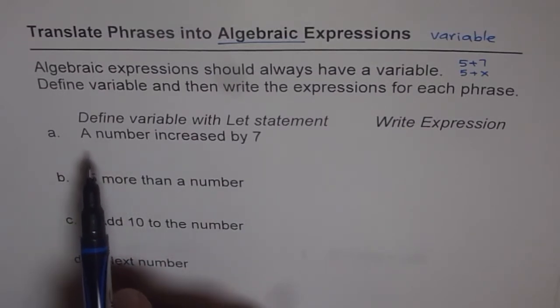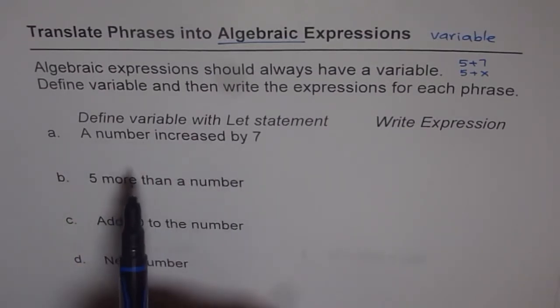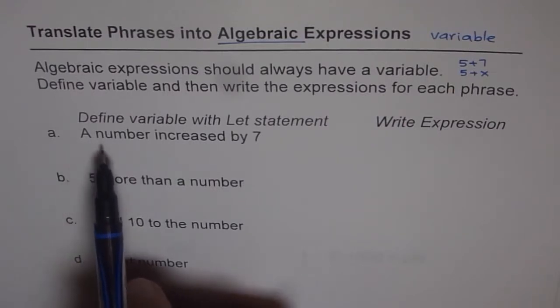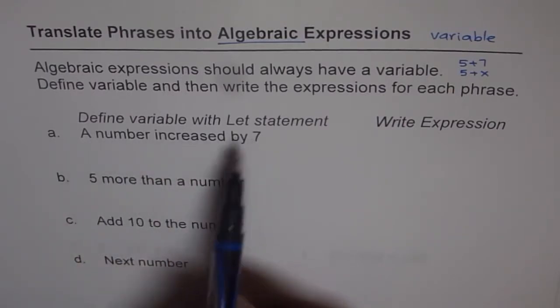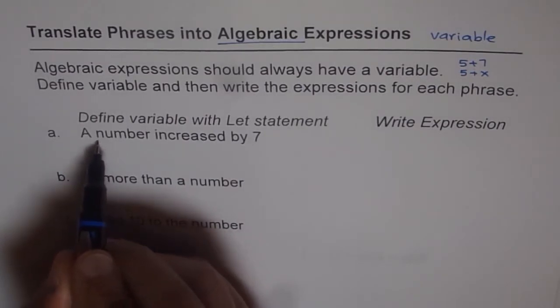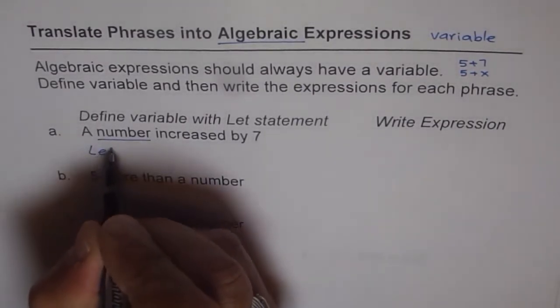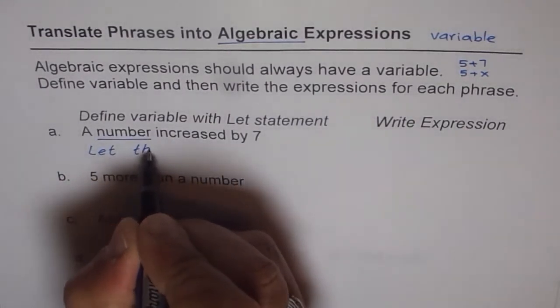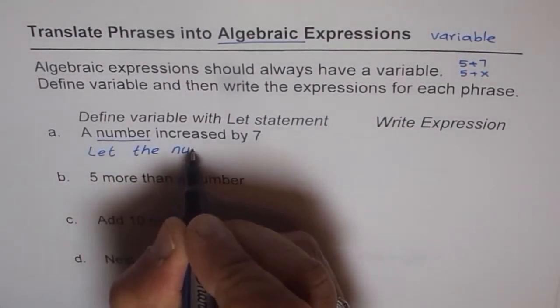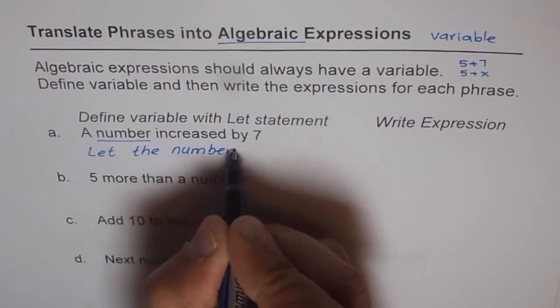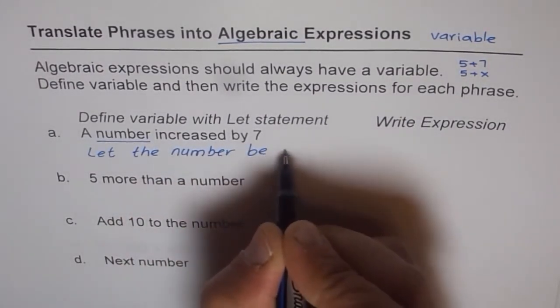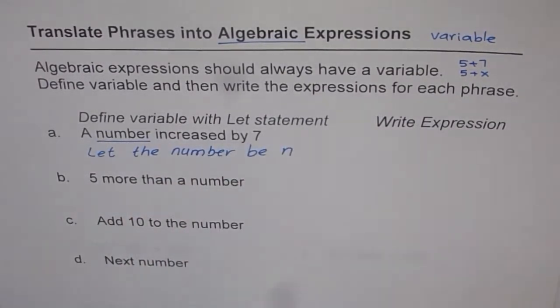When we want to convert a phrase into an algebraic expression, the first thing we should do is define the variable. Now when the phrase is a number increased by 7, that means we need to define a number. So we'll say let the number be, we can say n, let the number be n.